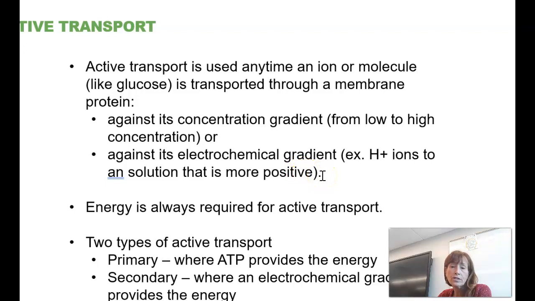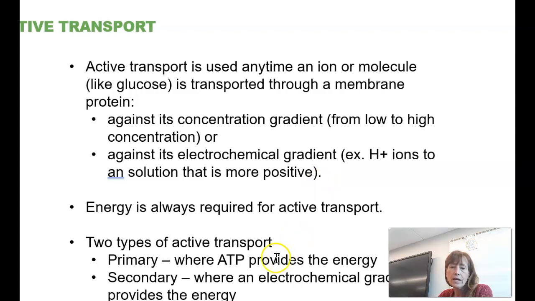And I'll explain this a little bit more in my Notability lecture piece. So the active transport can be used to maintain, in this case, an imbalance, trying to keep certain ions on one side or the other of the membrane.